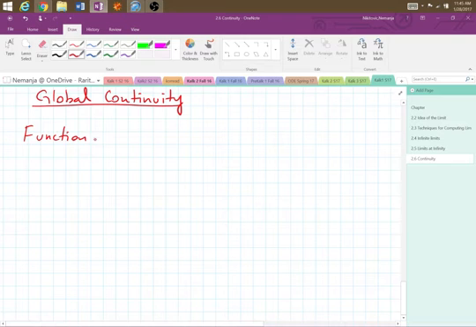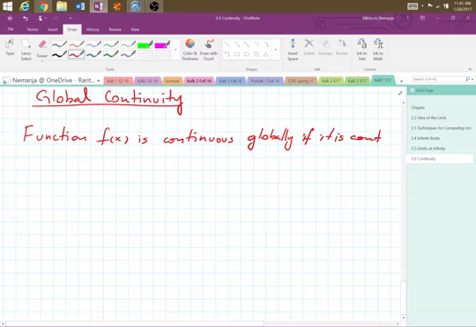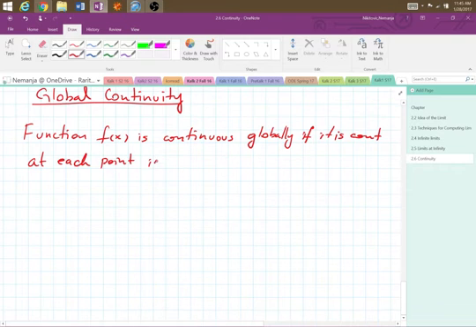Function f of x is continuous globally if it is continuous at each point in its domain. How many points do we have in the domain?